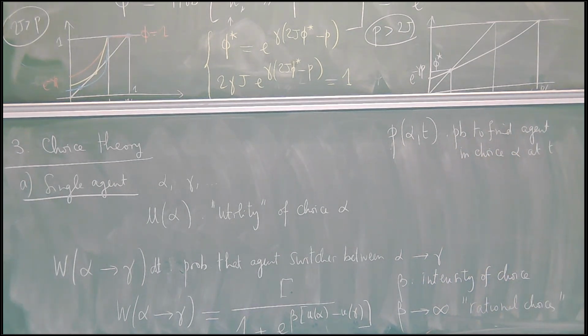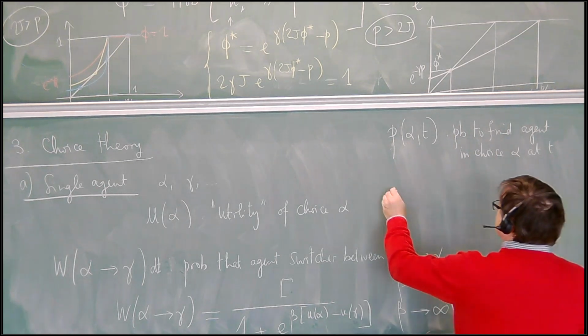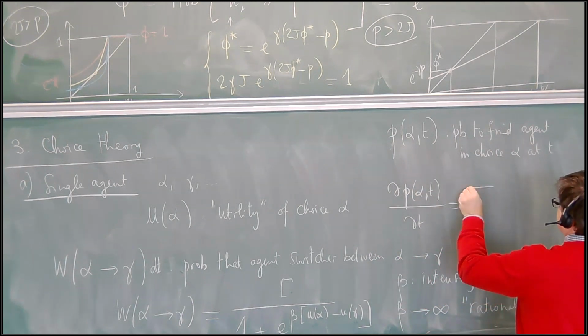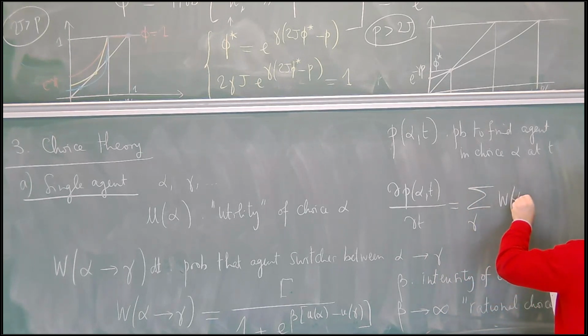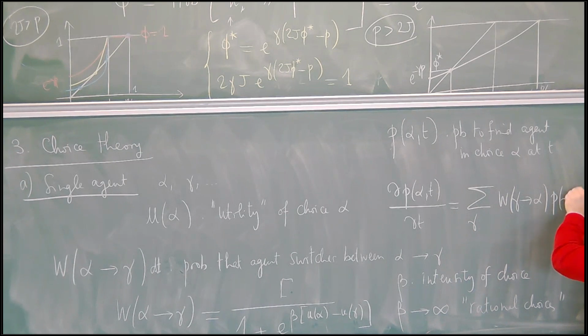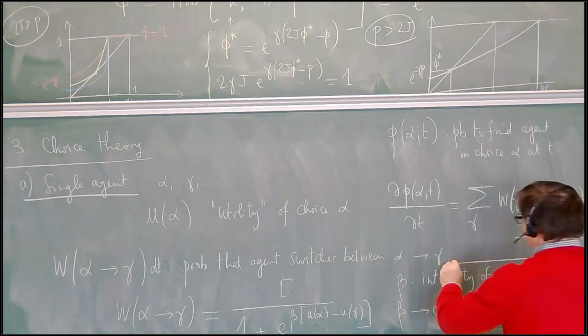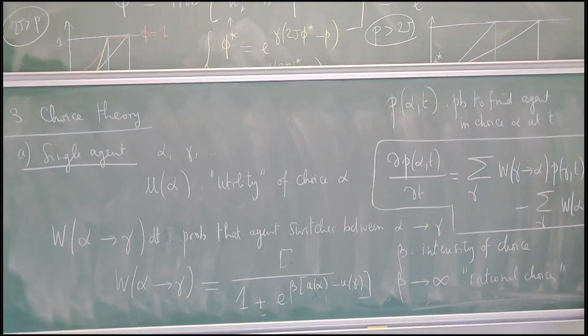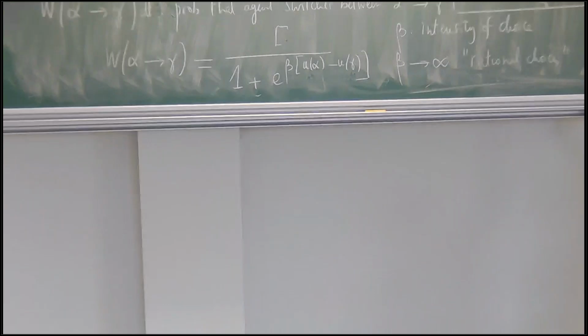And because of the structure of this model, where it's a Markovian process, whereas at each time step the agent may choose to go to another choice in this random fashion, then we get that dp alpha dt, this is the master equation formalism, is the sum over gamma of w gamma to alpha p gamma t minus the sum over gamma of w alpha to gamma p of alpha t. So this is a general master equation.